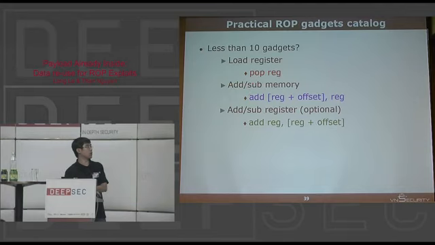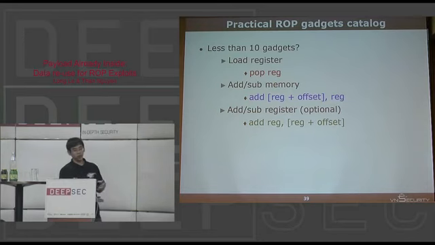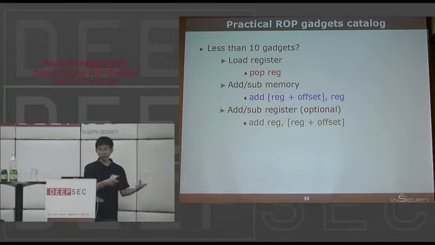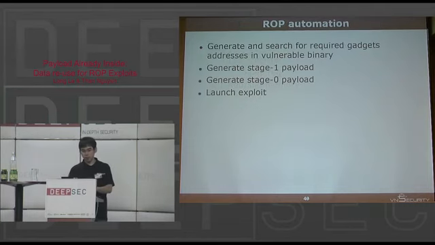We only need a few ROP gadgets, because you cannot really expect to have lots of different things where you can do arbitrary computation in the real world, as it is very dependent on the specific target. So the way we're doing it, we're trying to minimize the number of ROP gadgets, just enough to do the stage 0.